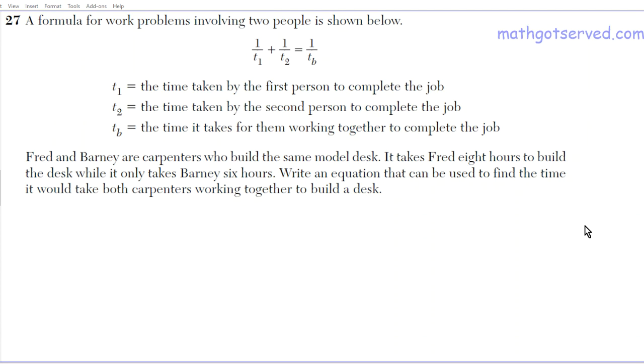Alright, so let's go ahead and assign variables to Fred, Barney, and their combined work rate. Okay, so let T1 be Fred's time.